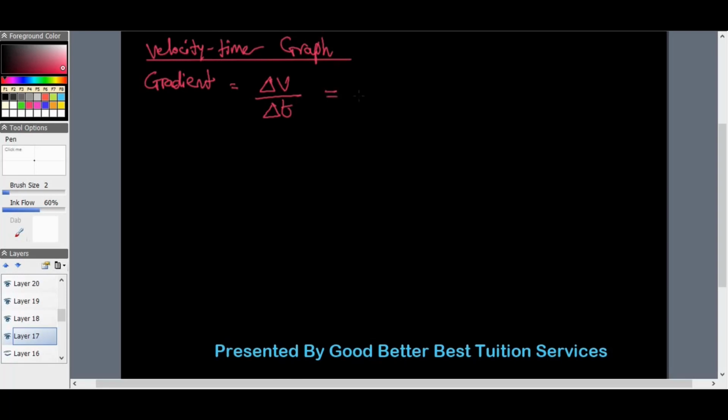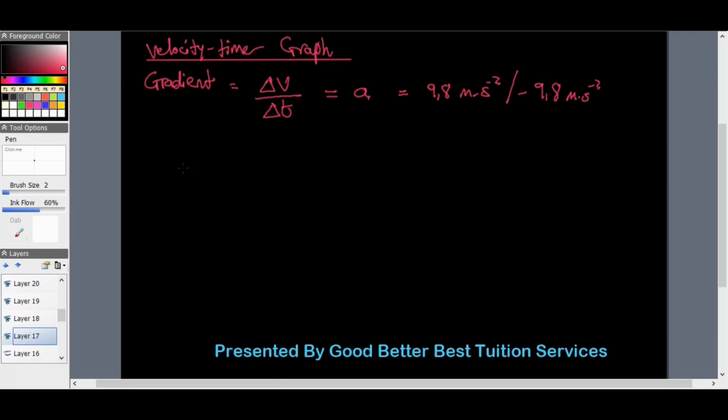Change in v over change in t is equal to acceleration. So your gradient would equal acceleration, which in this case is 9.8 meters per second squared if you took downwards as positive, and of course negative 9.8 meters per second squared if you took upwards as positive. Because obviously you get a negative, downward sloping gradient, or an upward sloping, positive gradient. You get the point.